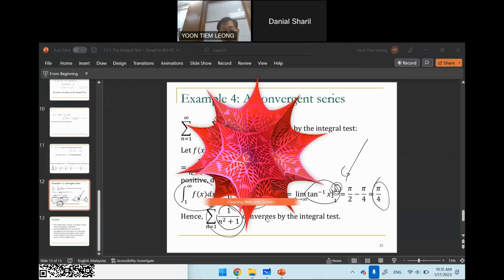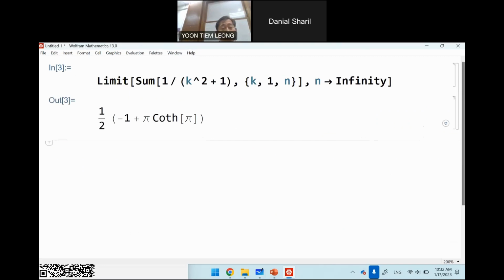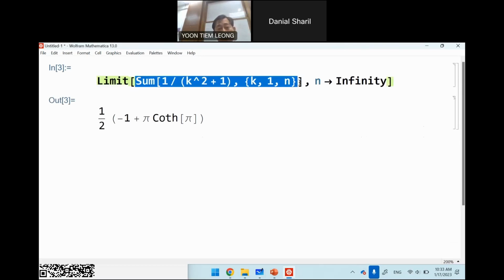Calculating the limit of this series in Mathematica is not trivial. First of all, you have to calculate the partial sum of the series of 1 over k squared plus 1.